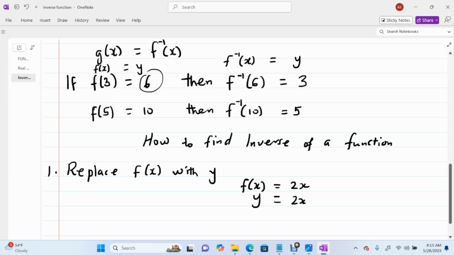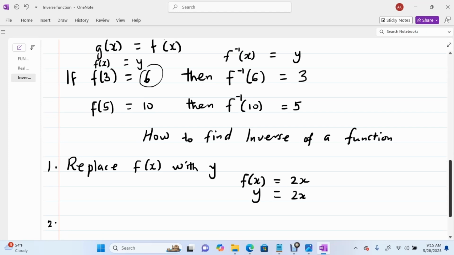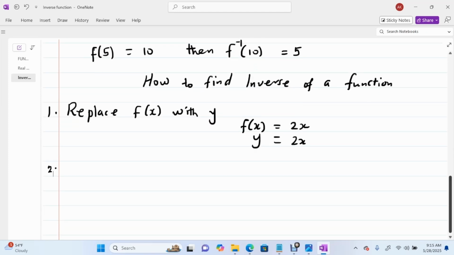That's all we are saying for the first step. And for the second step, that's where what I was talking about comes in. The second step is to interchange, or we can say swap, x and y.